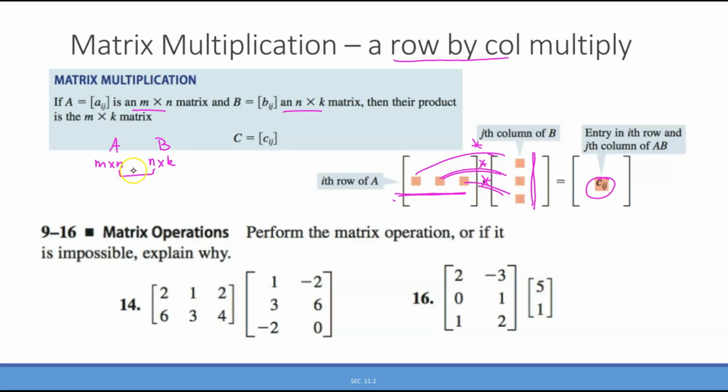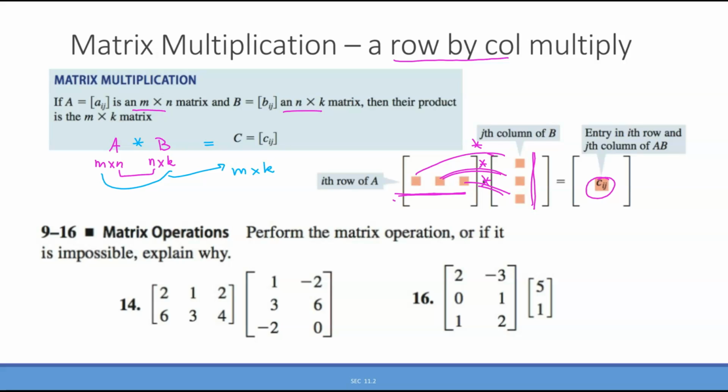So these have to match. If they don't match, then matrix multiplication is not possible. When it is possible, they match up, then when I multiply A times B, the result is going to be an M by K matrix.